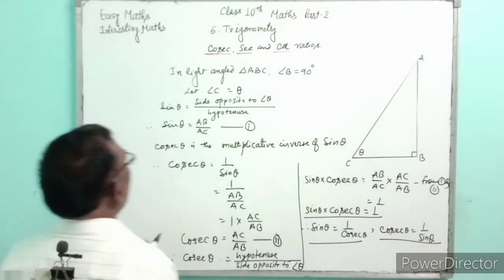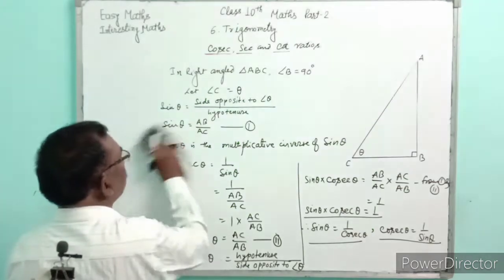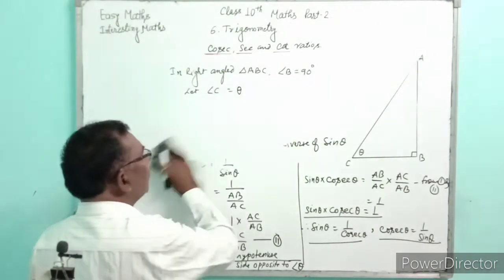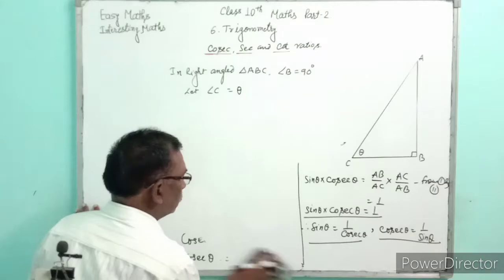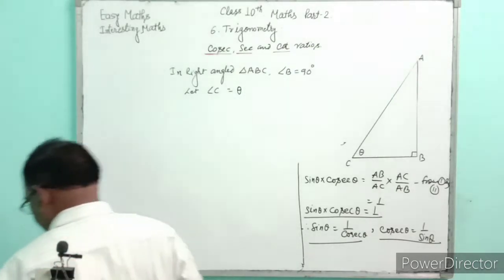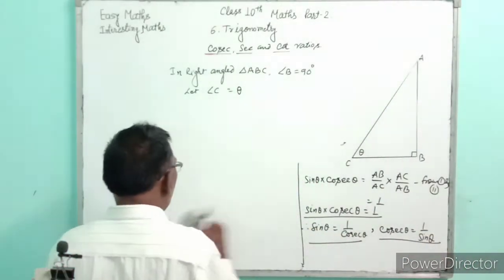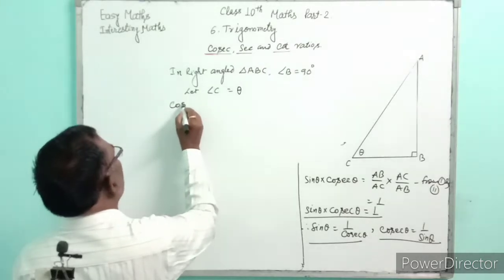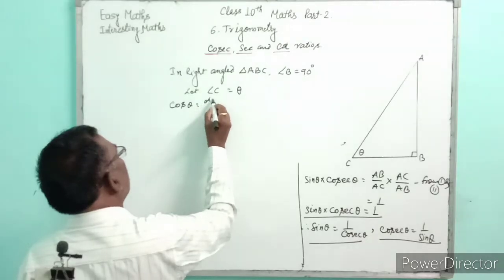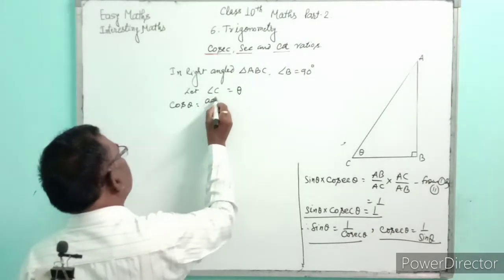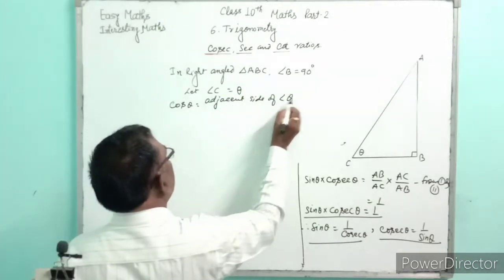Now we will see sec theta. We will use the same figure, the same right angle triangle. Now cos theta is equal to the adjacent side of angle theta upon hypotenuse.